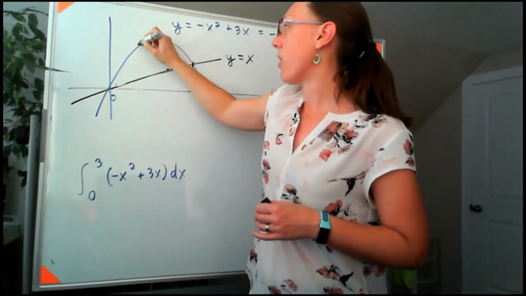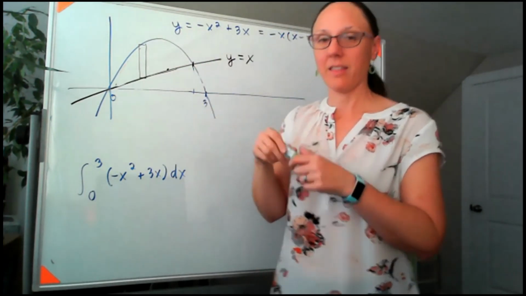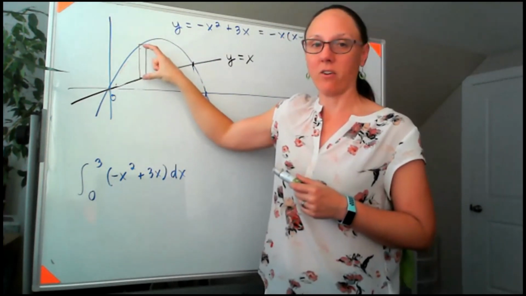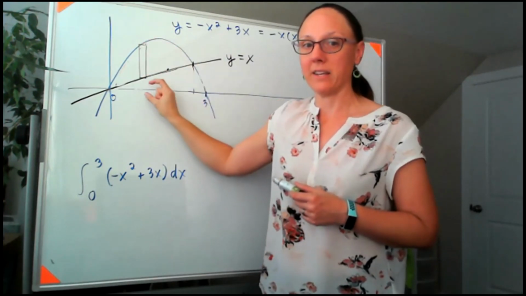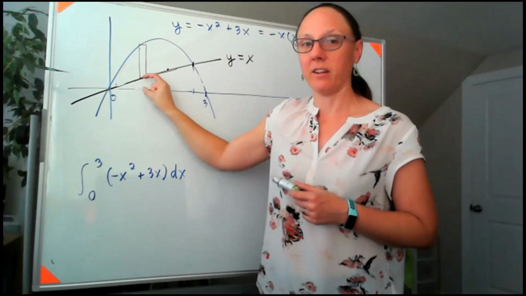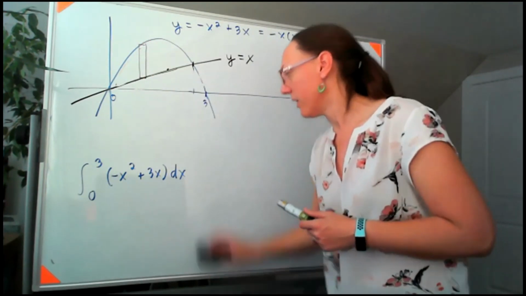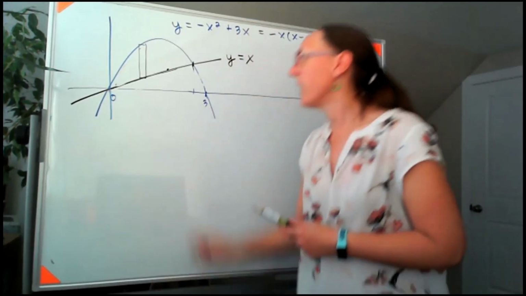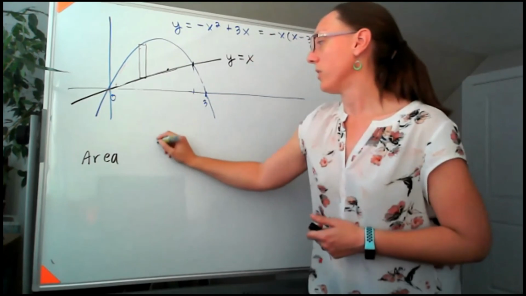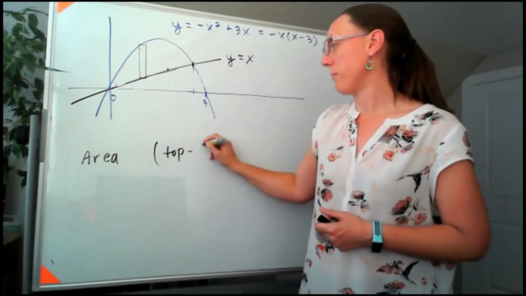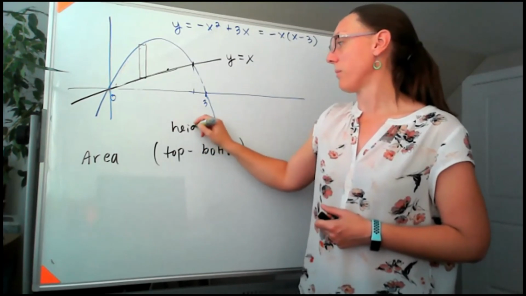So if I were to draw an arbitrary cross section for a rectangle, then I would get the height of that rectangle by looking at the height of my parabola minus the height of the line. So the height of the thing we're trying to figure out, the area of that strip, would look like a top minus a bottom for the height of the strip.